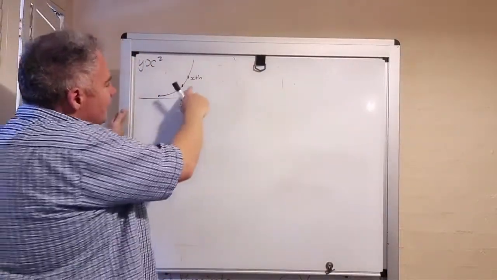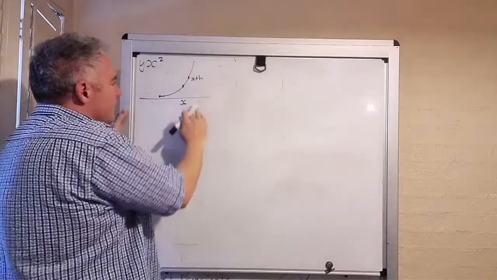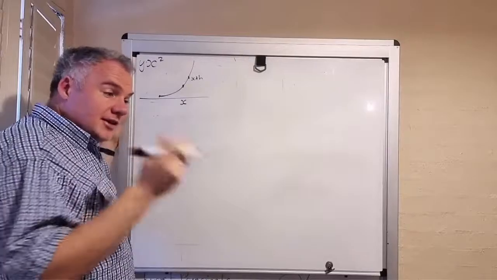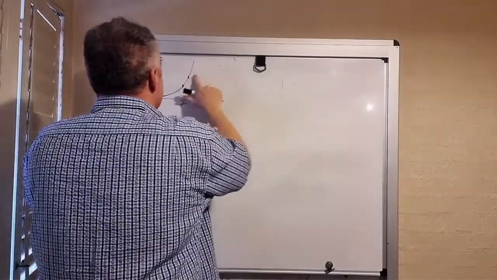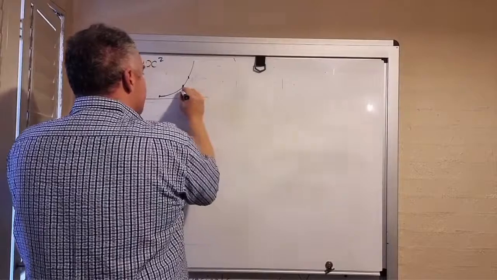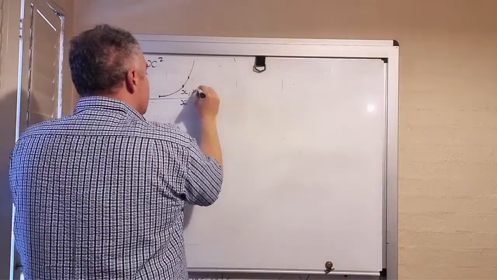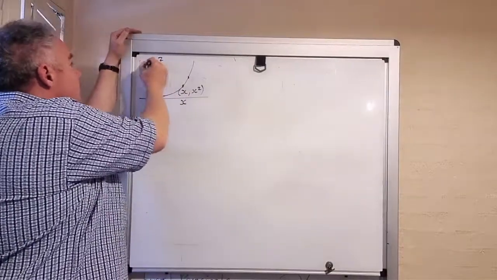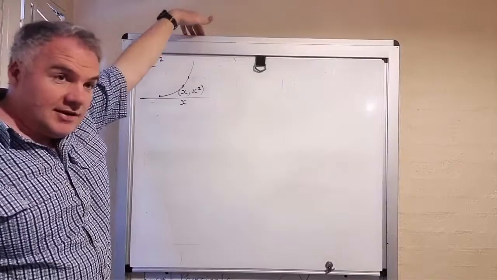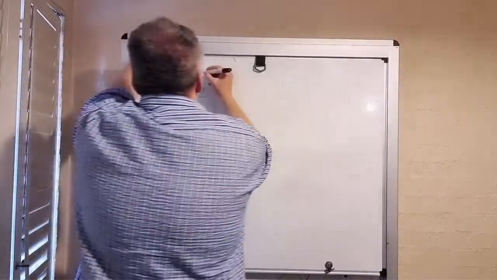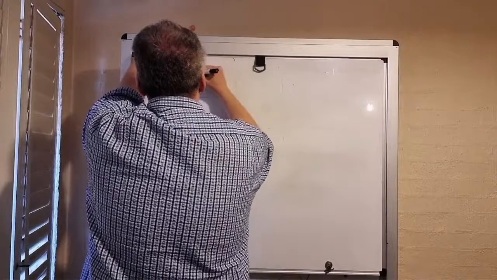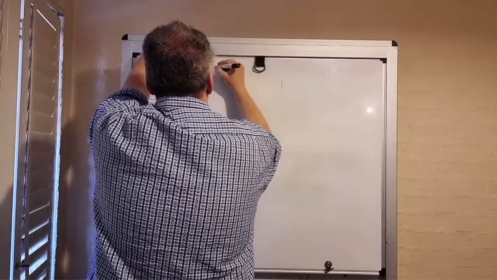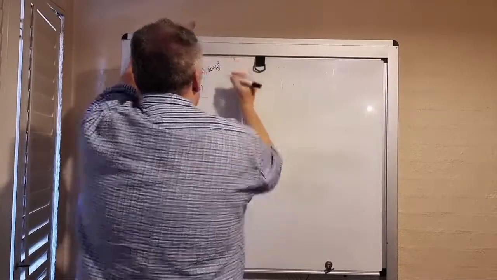Now, if this point is x, and the point that's really close to it is x plus h, we can put in x and y values for it. Here's x squared, because x squared gives us our y value, and x gives us our x value. And this point is x plus h, and x plus h squared.